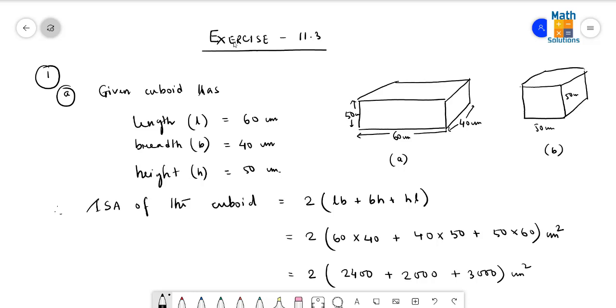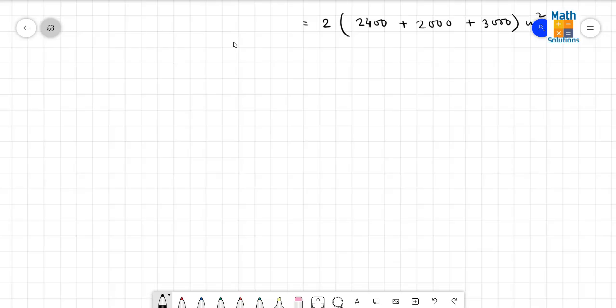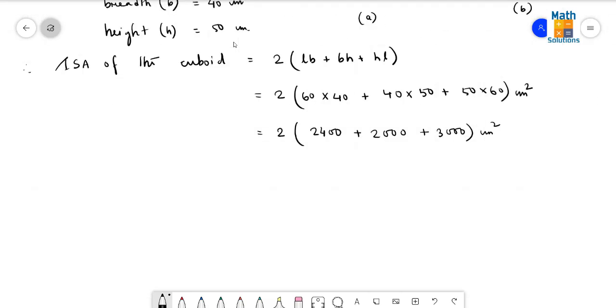After this, on calculation, while summing up, the result will come as 7400 centimeters square, and the total surface area we are going to get as 14,800 centimeter square.